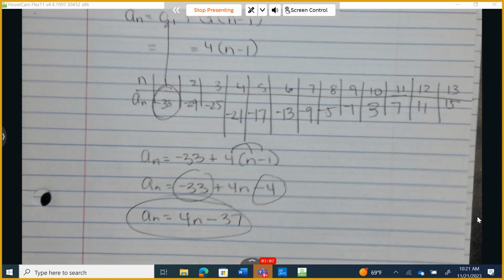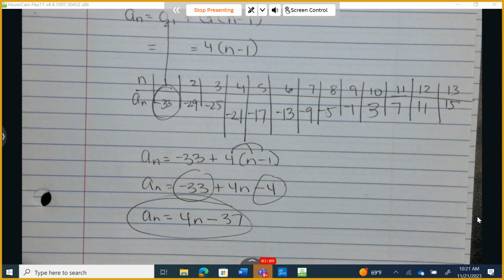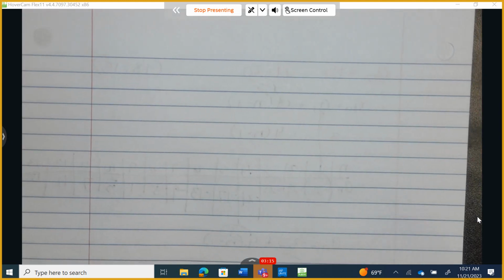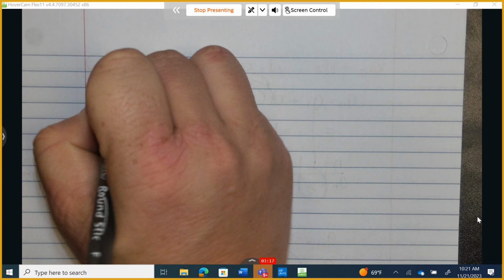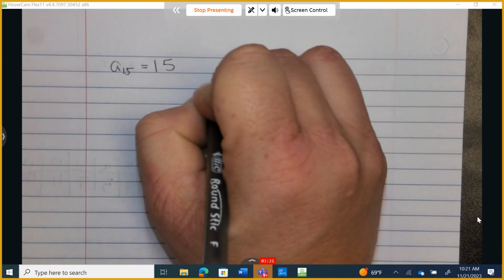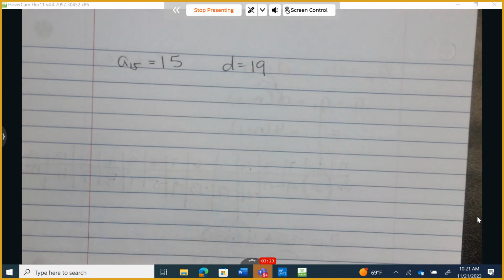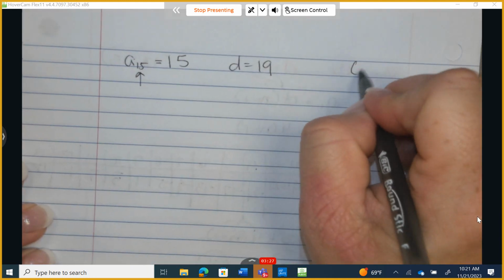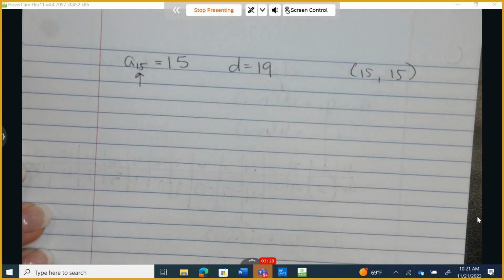Let's try one more. You guys decide. 14, 15, 16. What do you guys want to do? 16. Let's look at 16. So this means when I go to the 15th number, the output is 15.